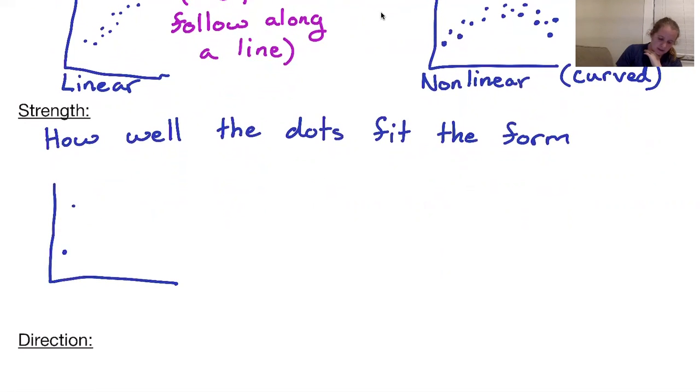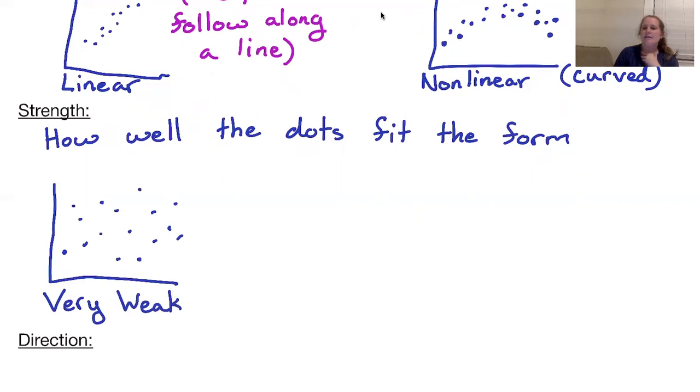So for a very weak scatter plot, we can't really see a specific pattern to it. The dots are kind of scattered just all over the place. The pattern is not obvious at all.